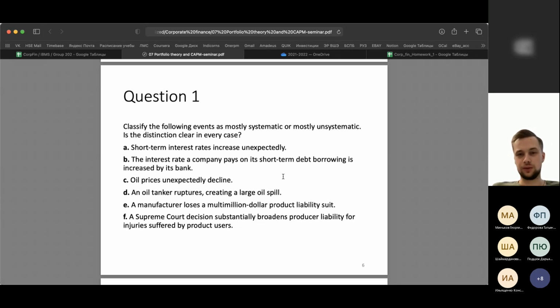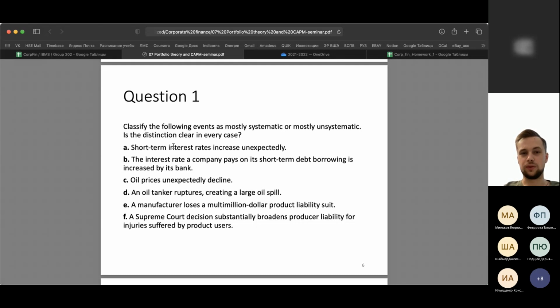But here, we are talking about market risk or specific risk of the company. Systematic risks affect all the companies in the economy. The market risks or the specific risks or unsystematic risks affect like one company or a group of companies.